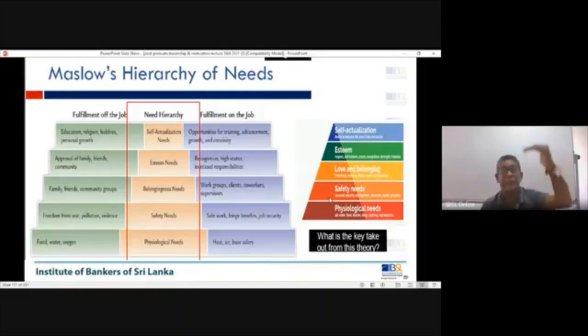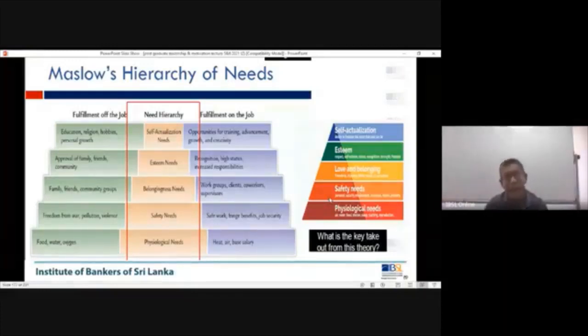Every need has a tension, and this tension makes them go to satisfy the need. Only once you satisfy them can you motivate them, and finally achieve your organization's goal. So organizations try to fulfill individual needs by providing various things. That is what we can take from this theory.